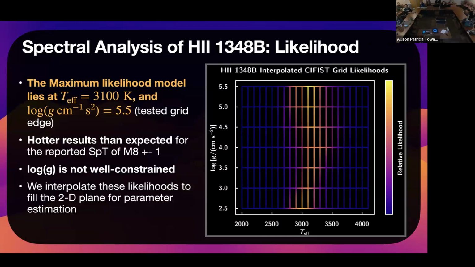This identifies a maximum likelihood at a hotter temperature than we would expect, around 3100 Kelvin. And the surface gravity is not well constrained by fitting to the broadband photometry, which is expected as we're not very sensitive to some of the molecular and elemental features that could constrain the surface gravity better.